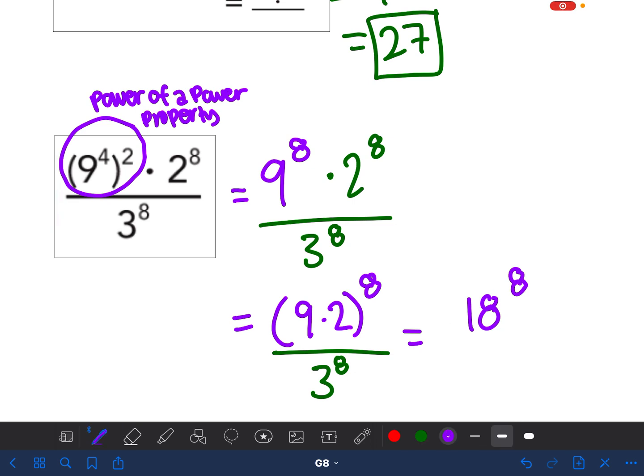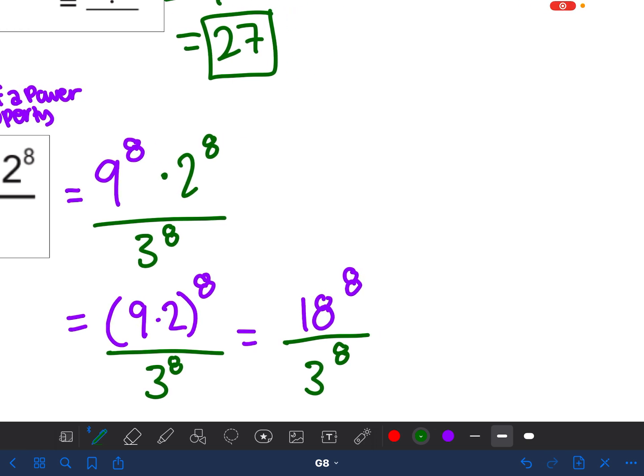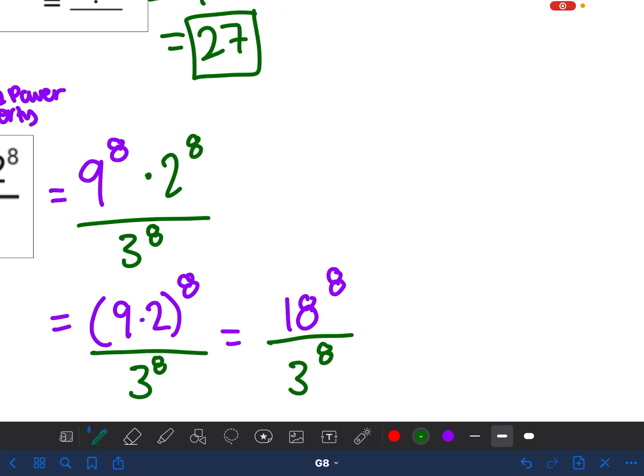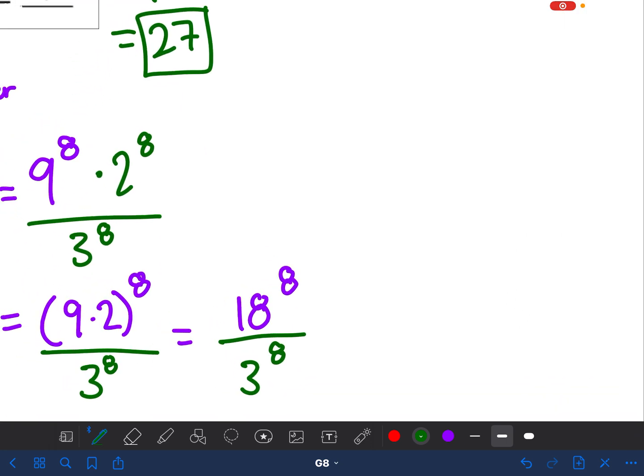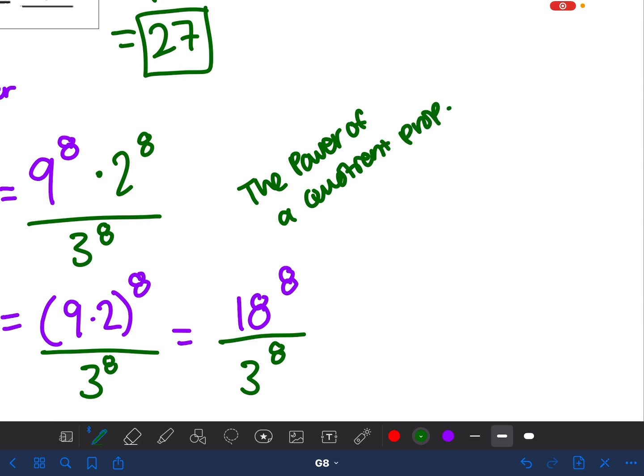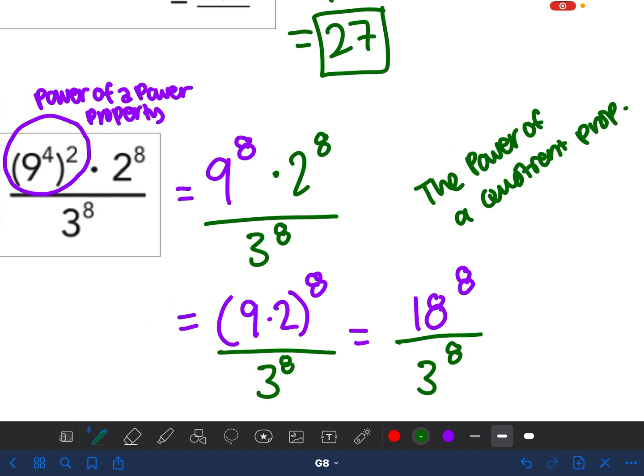because of this. We have the 3 to the power of 8 on the bottom, the denominator. So we still can use the power of a quotient property. And here we used the power of a product property.